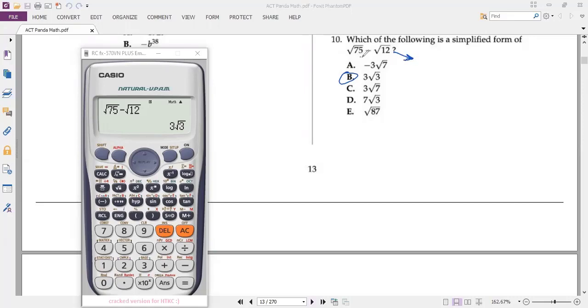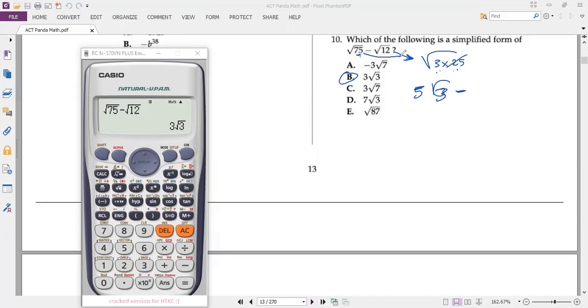Okay, if no calculator is available, I have to explain it, please. Root 75, how does it look? 3 times 25. We are looking for a square number, 25 or 16, times what? 25 times 3. So the first one is 5 root 3. We take out 25, 5 root 3.